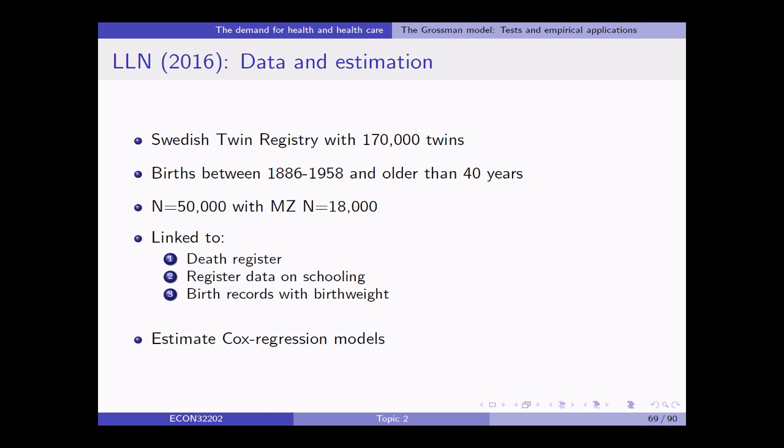Now they linked these twins to death registries. In Sweden, as in many other countries, it is recorded when people die and what the cause of death was, and you can link that back to information on the individual and on their twin. The Swedish data is also great because you can link it to administrative records from school, so you know what levels of qualifications and how much schooling each person did.